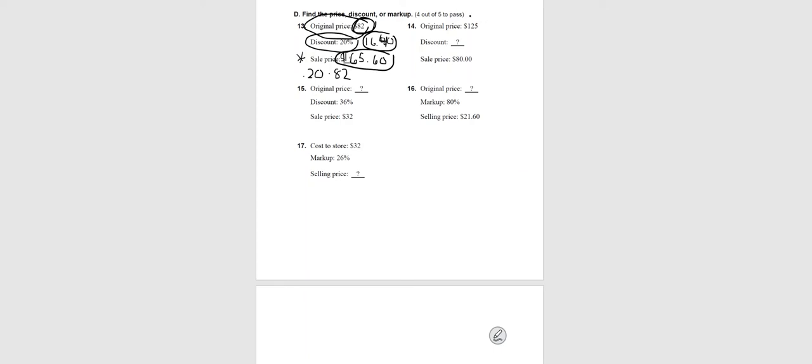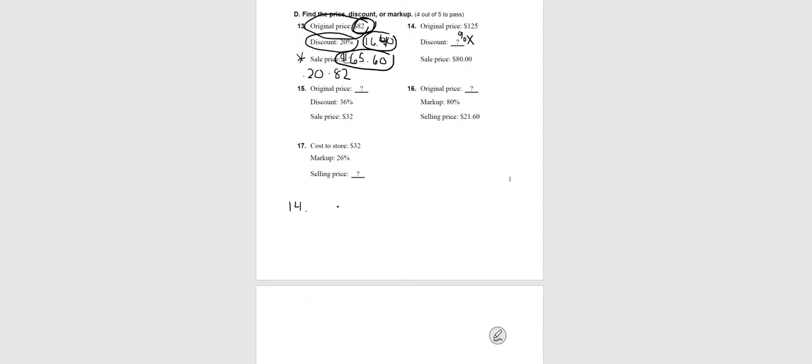Okay, now on number 14, our original price is $125, and we don't know what our discount is. We don't know what this is, and this is always going to be a percent. So if you're finding the discount, we always want to put this as a percent.